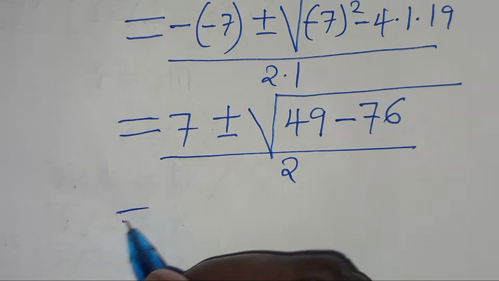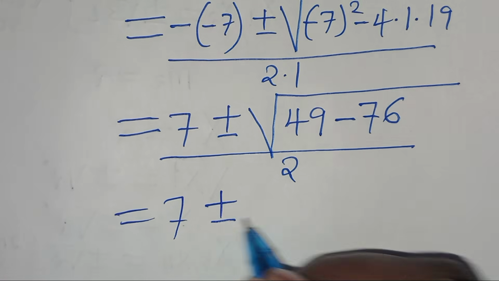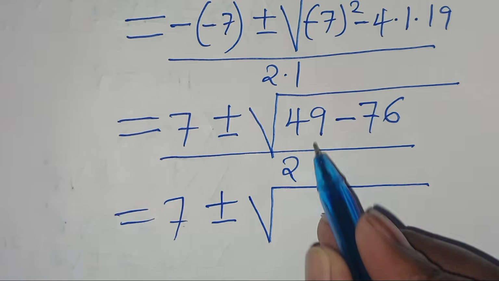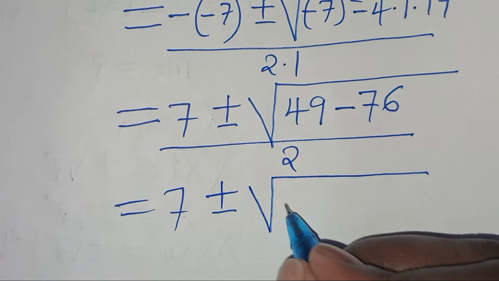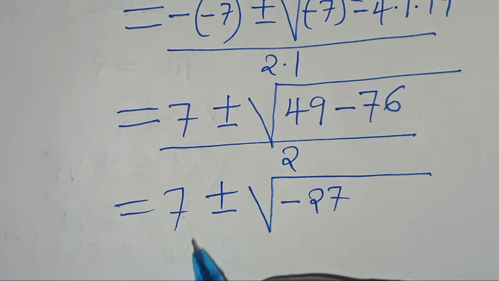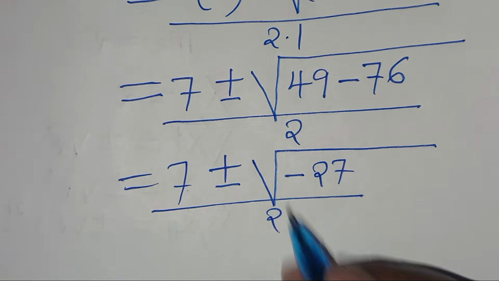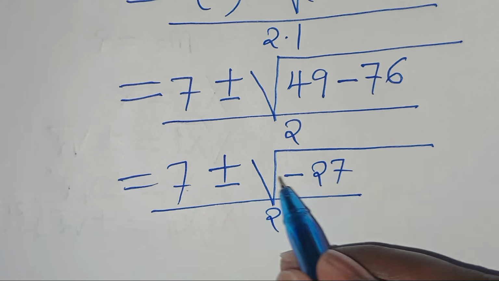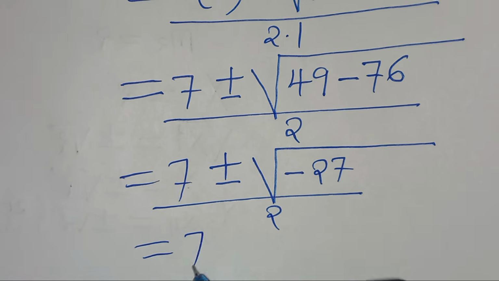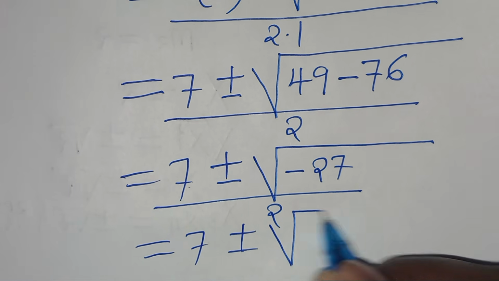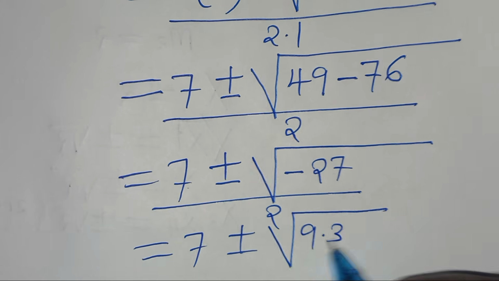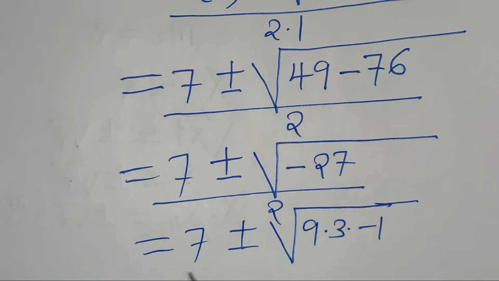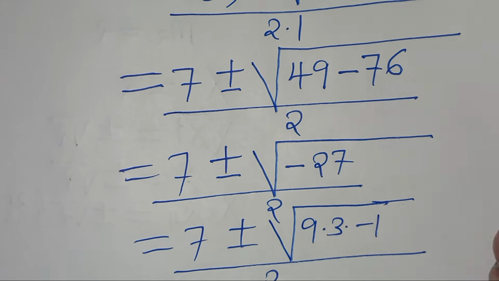So this implies we have (7 ± √(49 − 76)) / 2. This is √(−27) divided by 2. We can express the square root of −27 as the square root of 9 times 3 times −1, everything divided by 2.